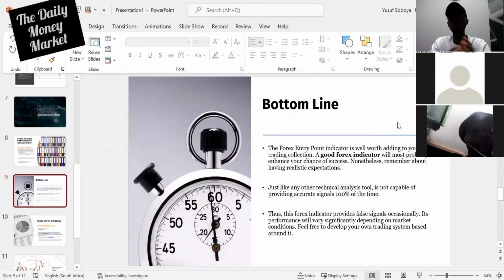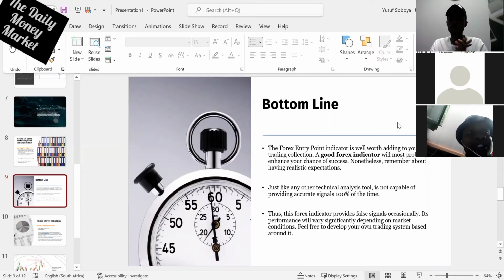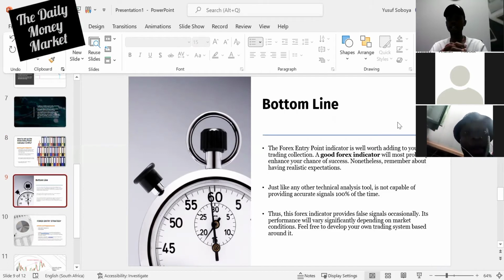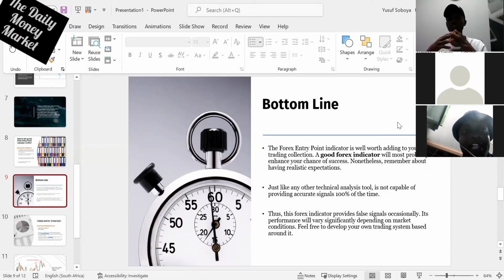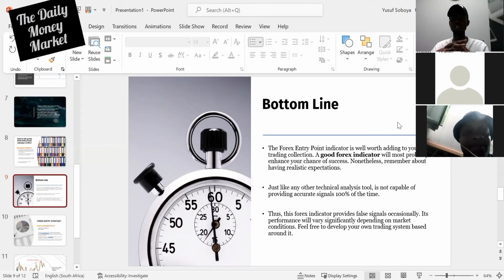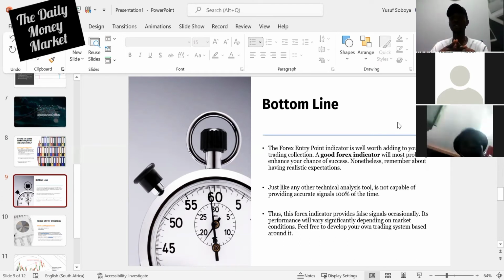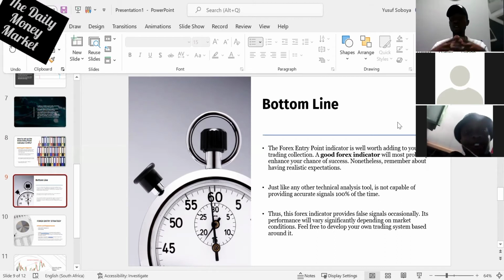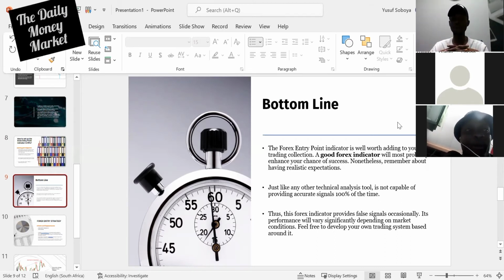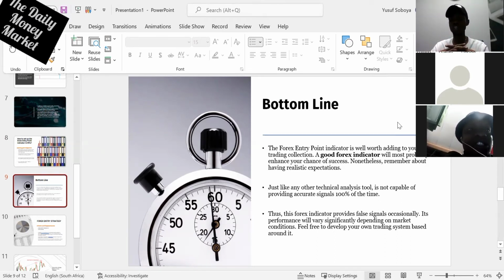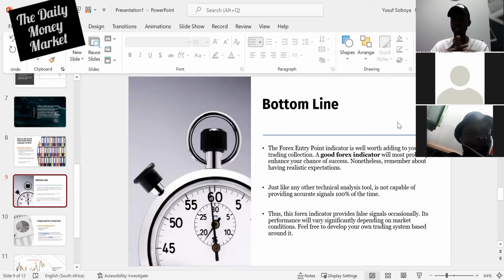So the bottom line is that the Forex Entry Point indicator is well worth adding to your trading collection. A good Forex indicator will most probably enhance your chance of success. Nevertheless, remember to always have realistic expectations.